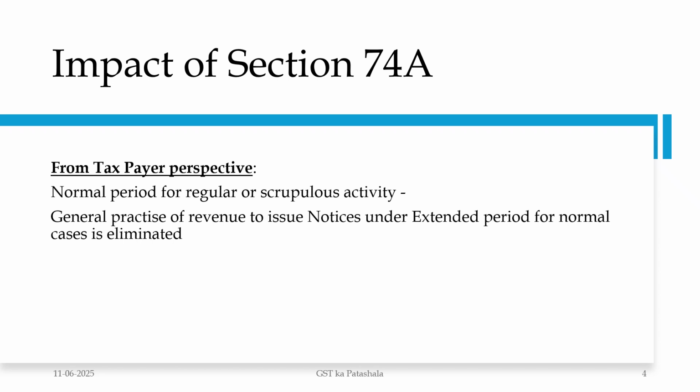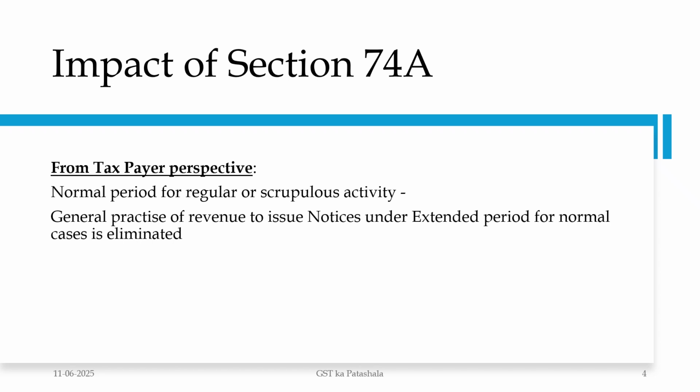So what the department used to do is issue a notice within the normal period, and if there was any malafide intent, they would invoke the extended period. Going forward from April 24 onwards, it could be a normal case or a fraud case. The proper officer has a standard time limit of 42 months for issuing a show cause notice. This is a welcome move.